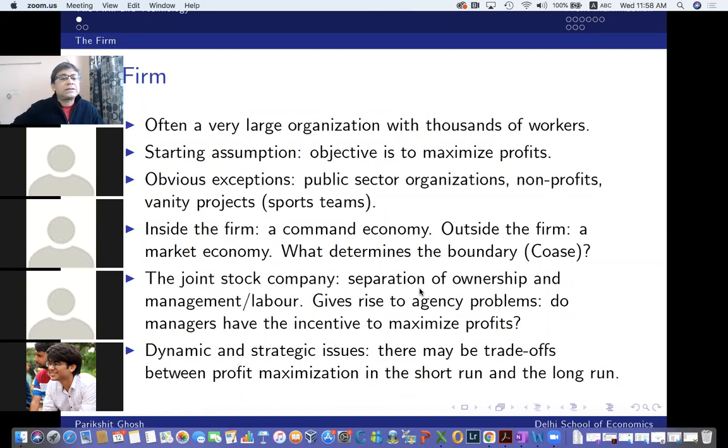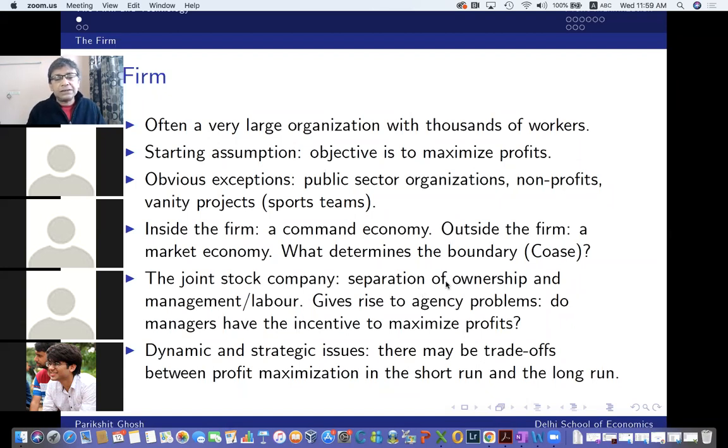Although such devices, like paying the manager not a flat salary but paying in terms of stock options, have some negative effects, which a lot of papers explore. For example, the manager may take some gimmicky actions which fool the market into driving up the stock prices in the short run, but in the long run, the value of the company may go down.